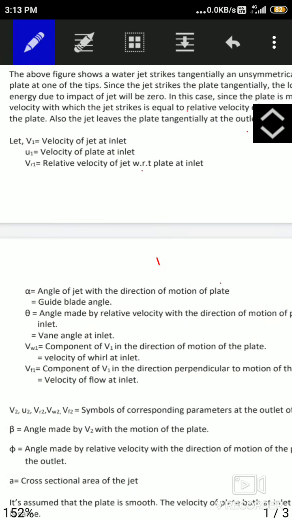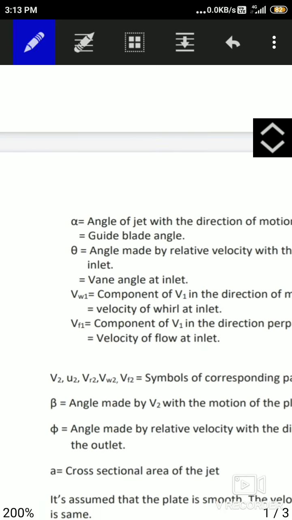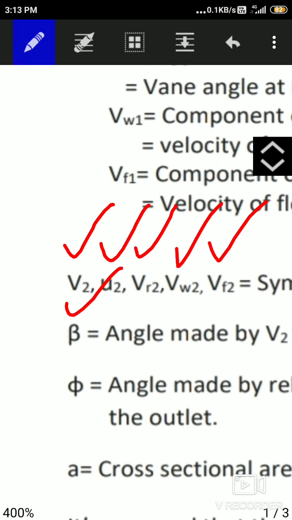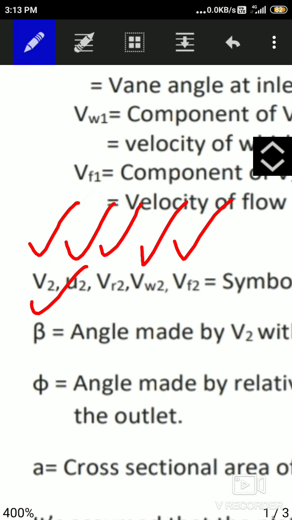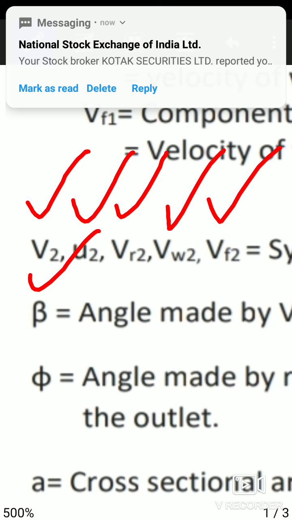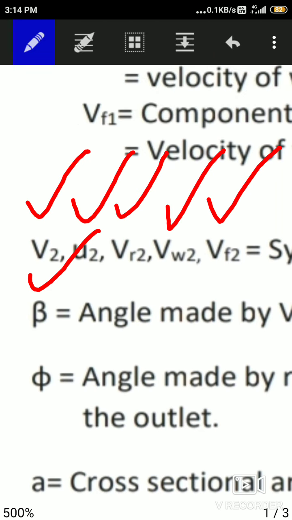That means V2 represents the velocity of jet at outlet, U2 is the velocity of plate at outlet, VR2 is the relative velocity at outlet, VW2 is the horizontal component of V2, VF2 is the vertical component of V2, and beta is the angle made by V2 with the motion of the plate, and phi is the angle made by VR2 with respect to the horizontal axis or with respect to the motion of the plate.